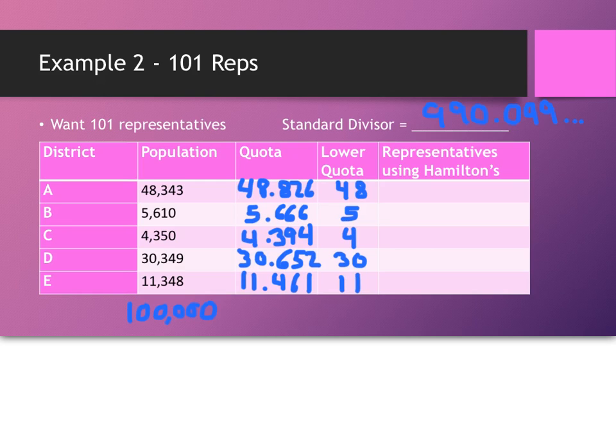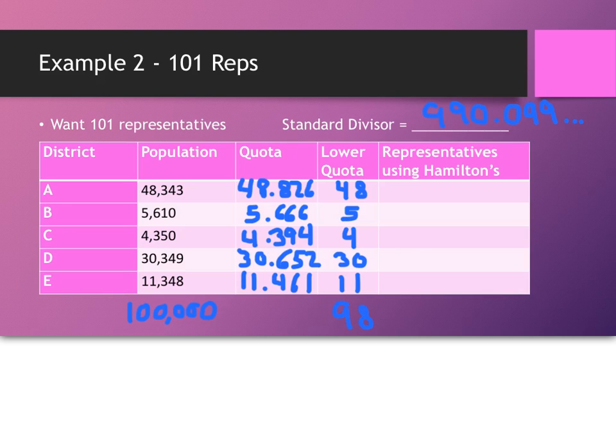Now again, you should be able to do these things on your own at this stage in the game. So calculating and adding those up, 48 plus 5 plus 4 plus 30 plus 11 is once again going to give you 98.